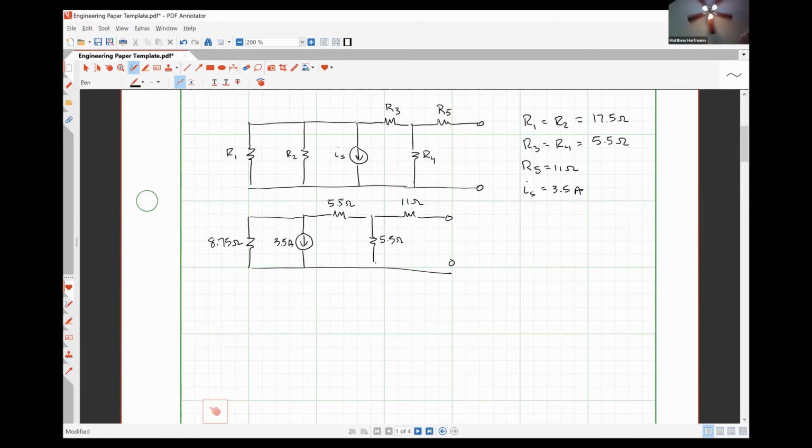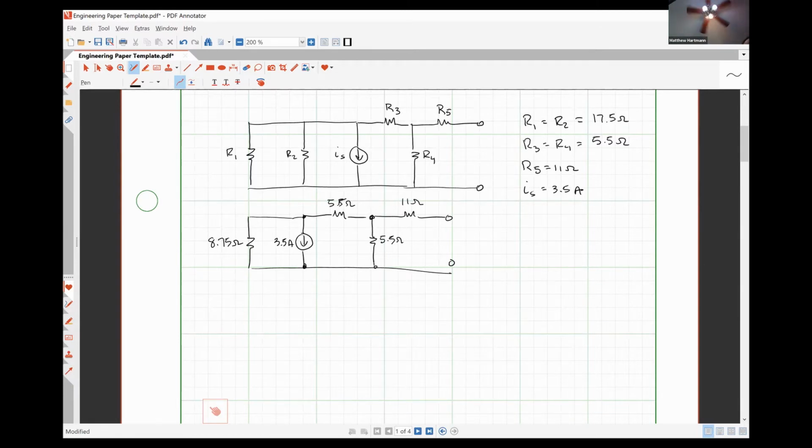All right, so what would our next step be? I converted the current source to a practical voltage source, combined it with that 5.5 ohm. Okay, all right, so converting the practical current source into a practical voltage source, that seems good to me.